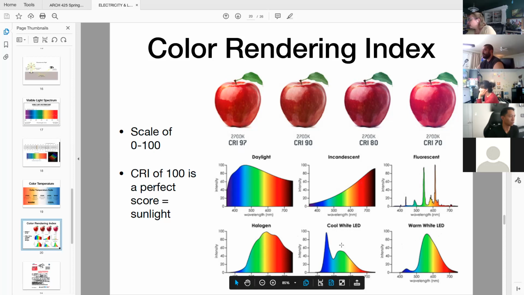Then with your LEDs, and take these two with a grain of salt, because LED technology is constantly improving and getting better. So I fully expect it to keep on getting better.